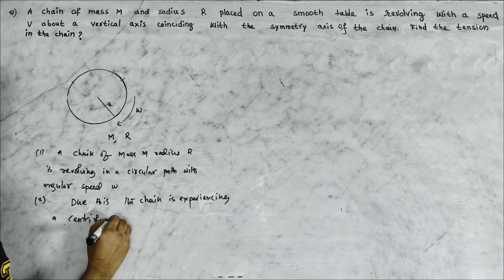The imaginary axis of the centrifugal force divides the angle d theta into two parts, d theta by 2 and d theta by 2. And tension is acting along the edges of the elemental part of the chain, along the tangent of the circle.